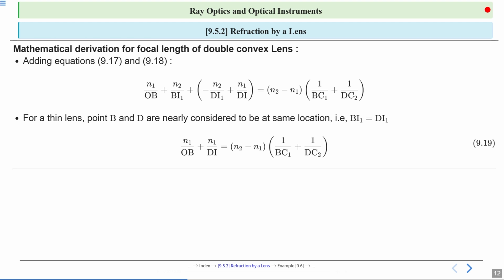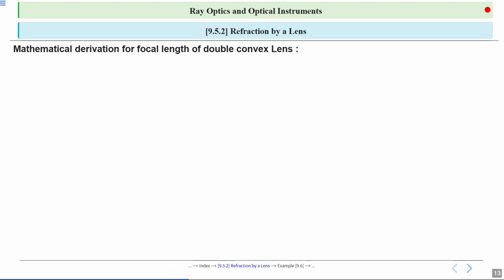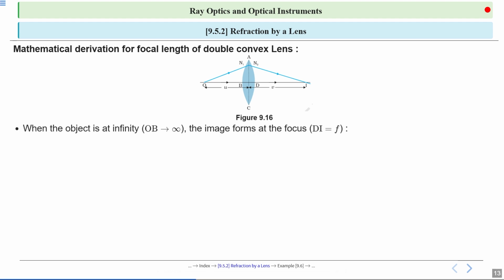Now we will apply a condition. When the object is at infinity, that means OB will approach infinity. So N1 upon OB becomes N1 upon infinity, and 1 upon infinity is 0, so that term will become 0.